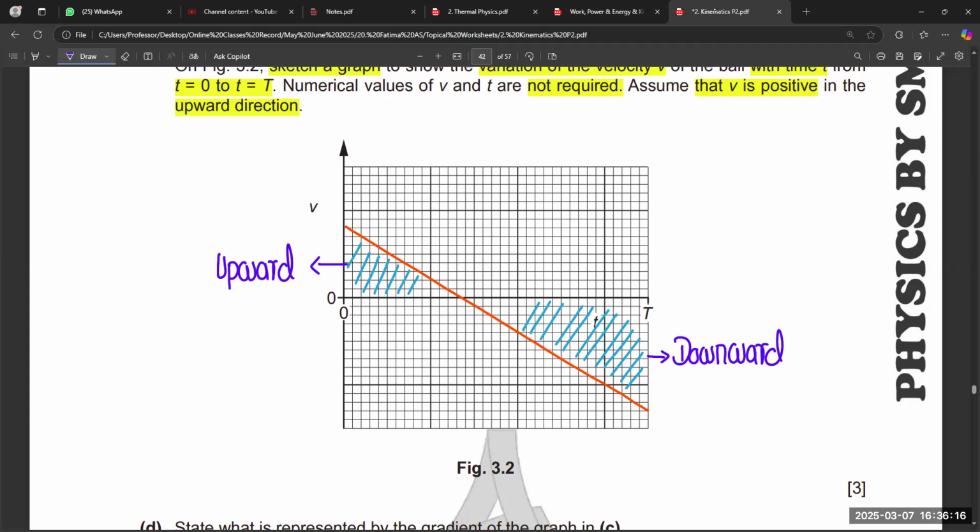Right? Any confusion in this? Because of the different distance covered by the body, we have different representations, because the distance covered in the upward direction is less and the distance covered in downward motion is greater.